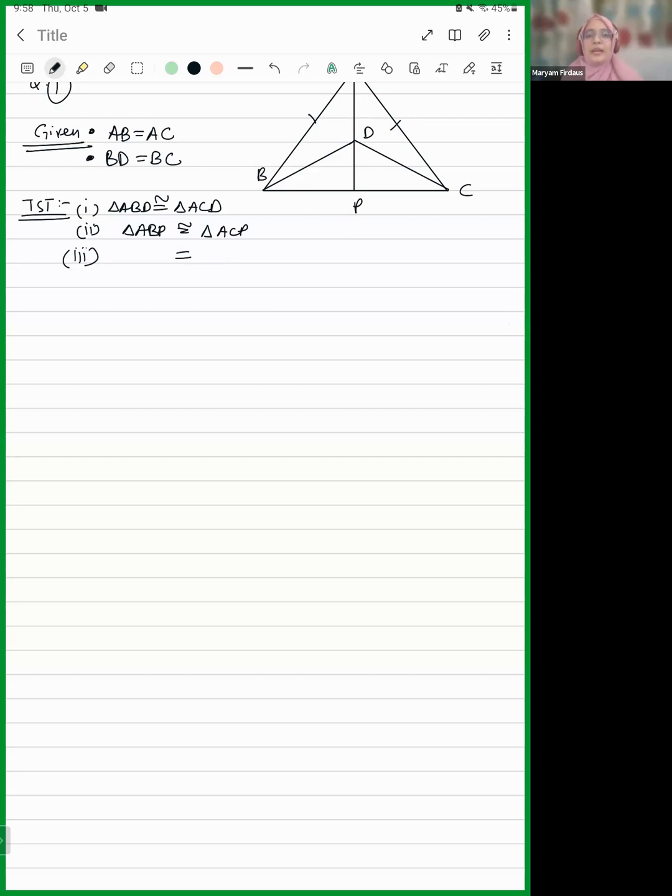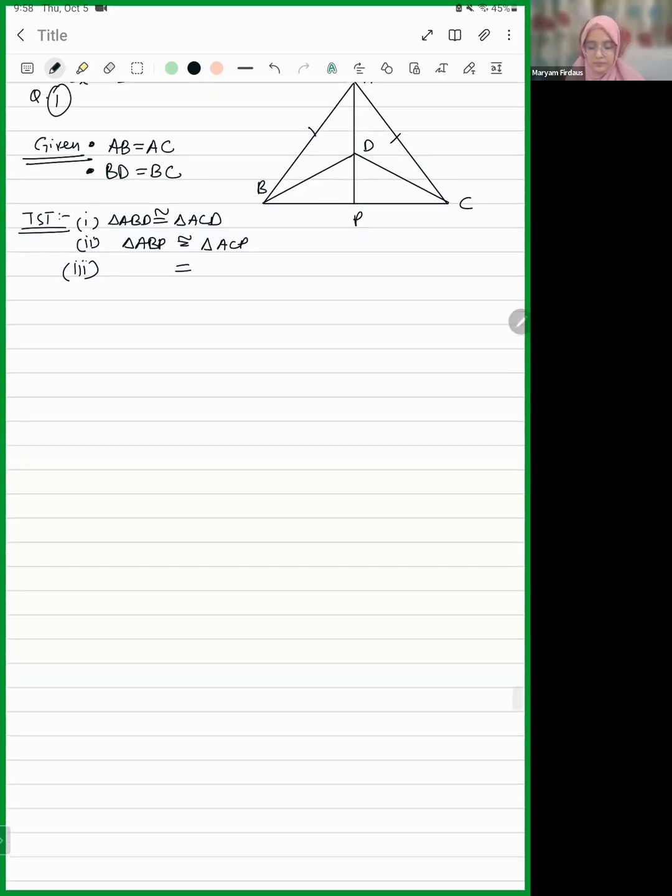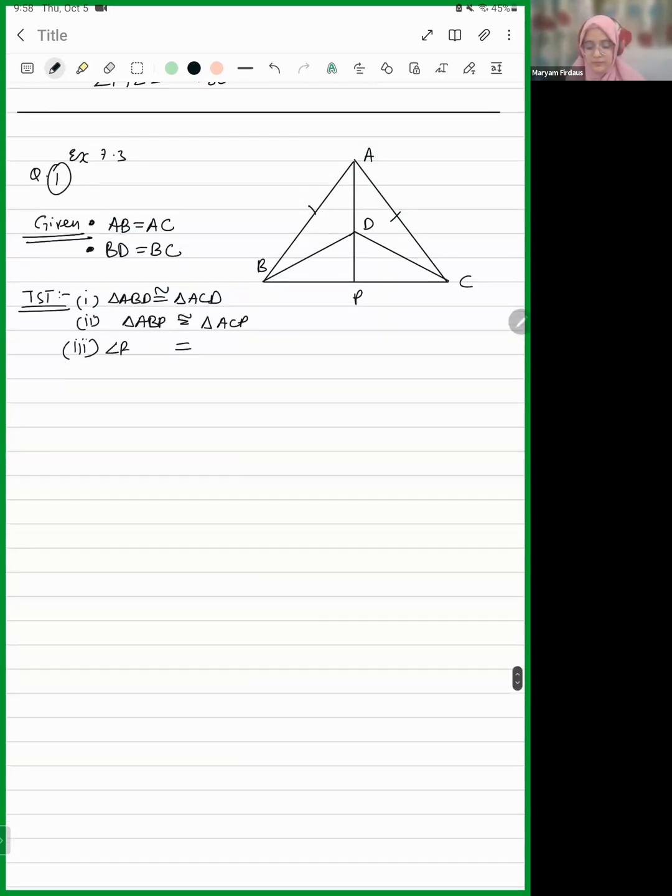Right now we are doing AP bisects angle A. So angle BAP is equal to angle CAP. And this we have to prove along with the one that you said earlier, angle BDP is equal to angle CDP. This is the meaning of AP bisects angle D as well.